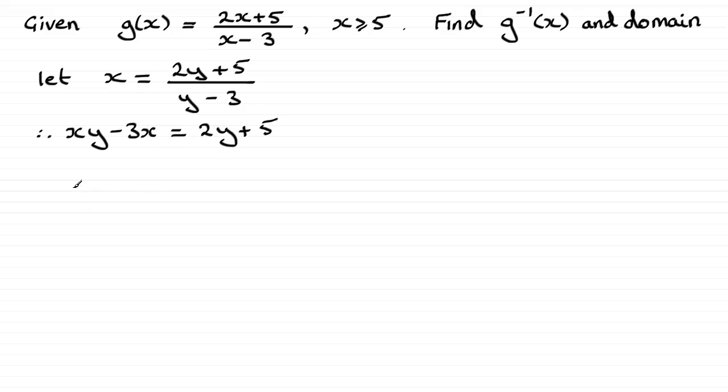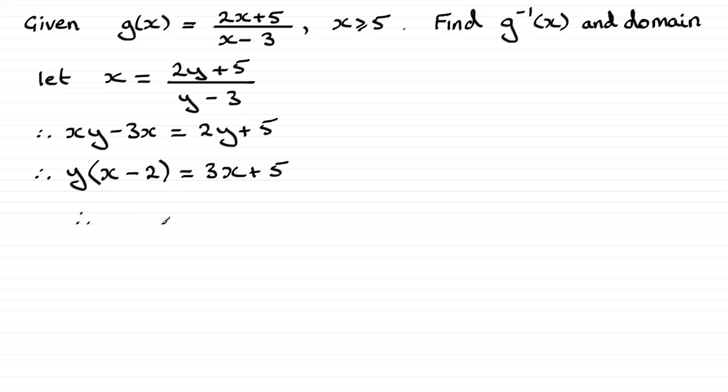So let's subtract the 2y from both sides, and I'm also going to pull out y as a common factor. So we've got y multiplied by x here, and then minus 2y, so we'll put minus 2 there, and that's going to equal 3x plus 5. All I did there was add 3x to both sides and subtract 2y from both sides.